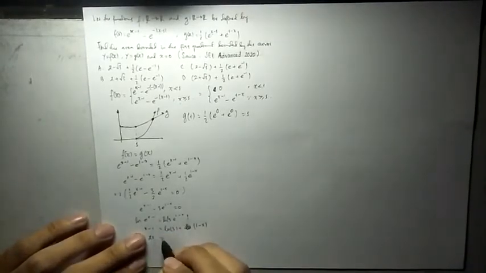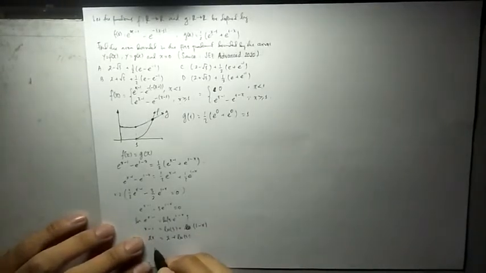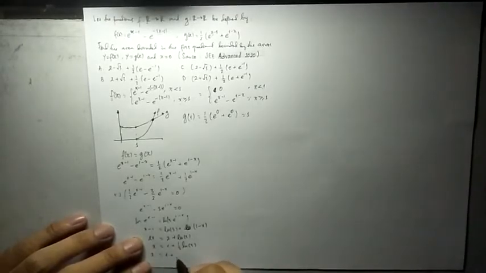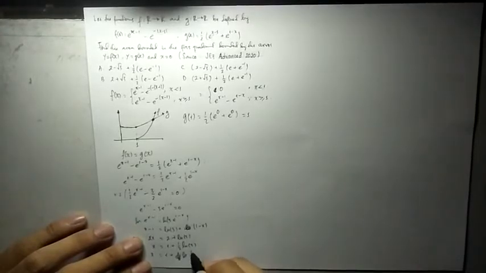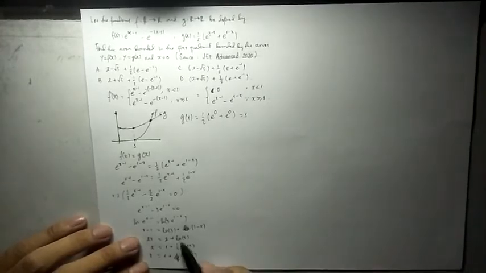So 2x equals 2 plus ln 3. So x equals 1 plus 1/2 ln 3. Make it easier. Oh, right. From the property of logarithm, you got 3 to the 1/2 power. It equals root of 3.